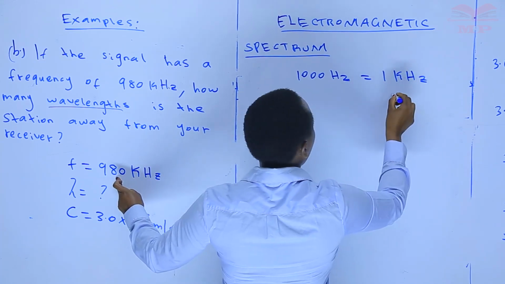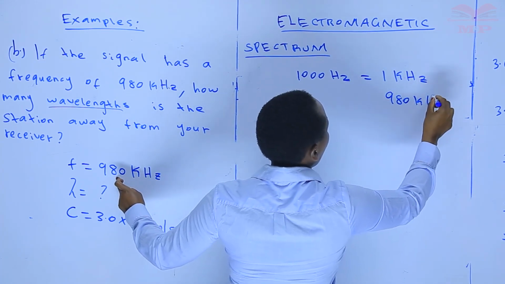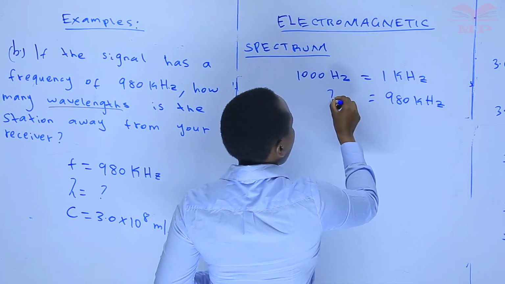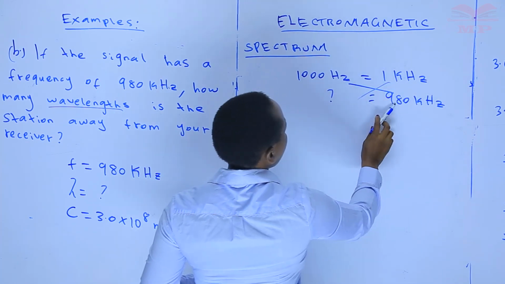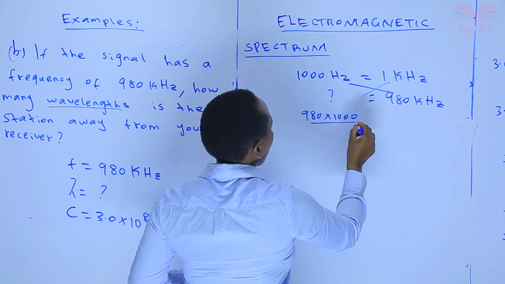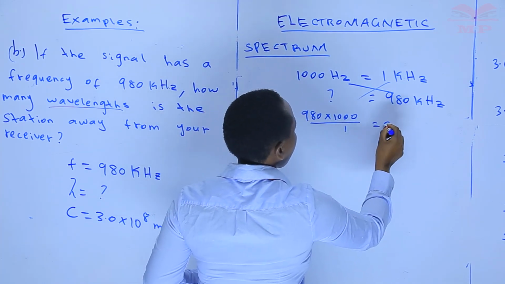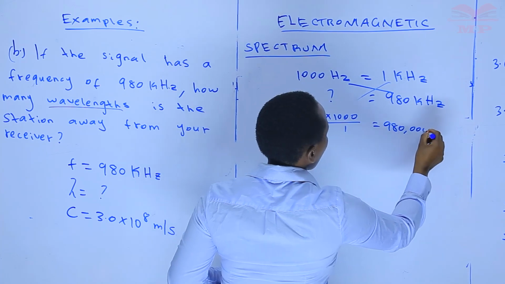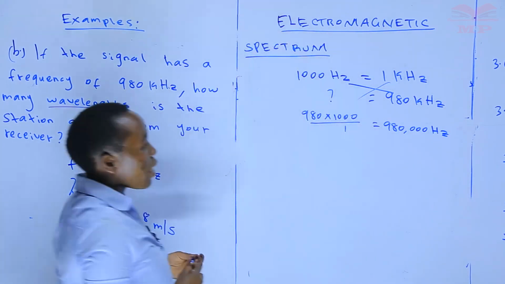And here we have 980 kilohertz. So how many hertz are those? We cross multiply, we end up getting 980 multiplied by 1,000 over 1, which will simply be 980,000 hertz.